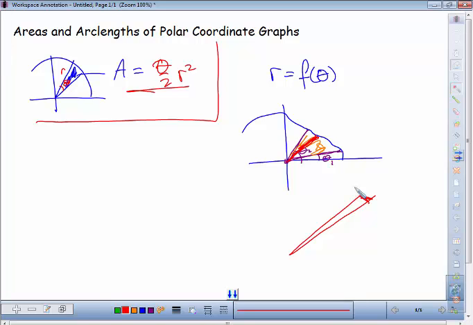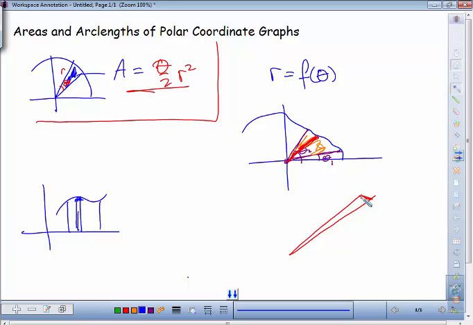Well, if you remember back in calculus, we didn't look at rectangles with a smooth curve on top. We looked at rectangles with a flat top, and then we just called it an approximation.